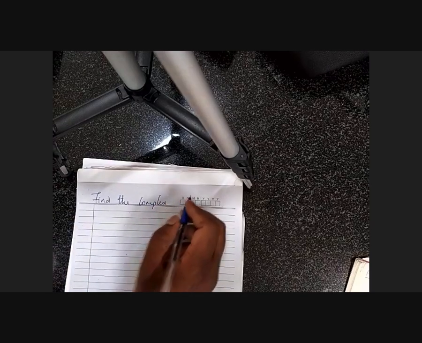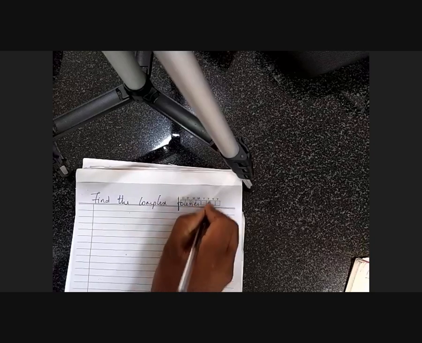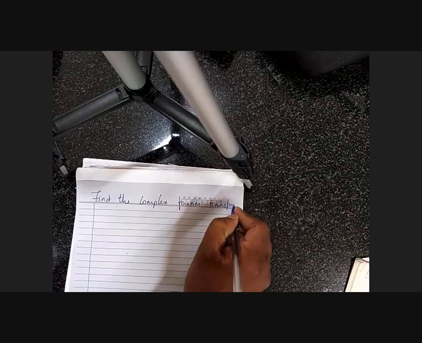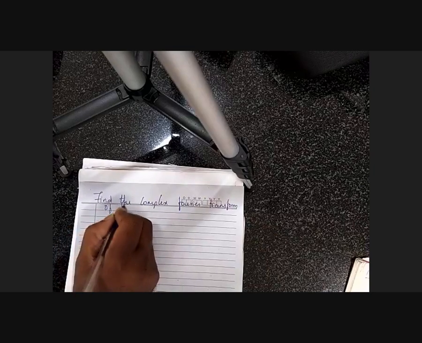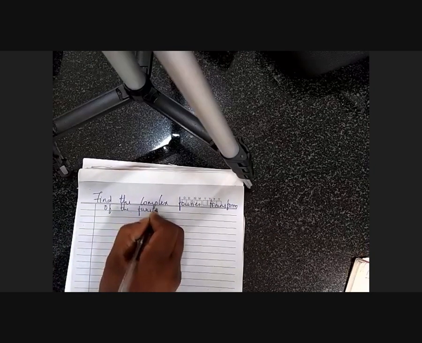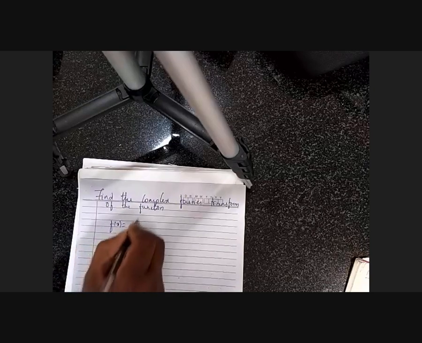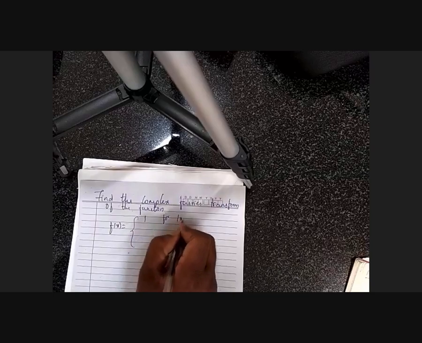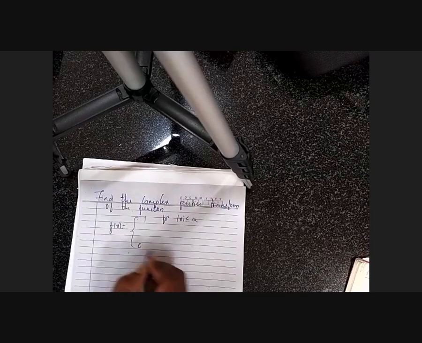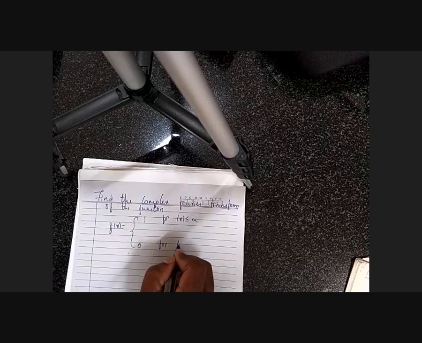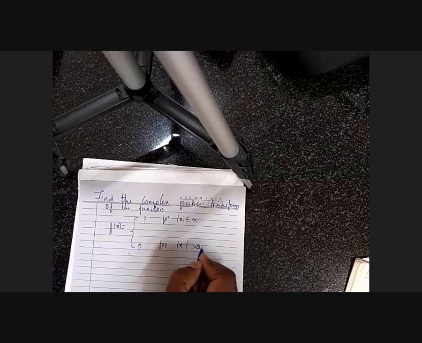We'll do a problem. Find the complex Fourier transform of the function f of x equal to 1 for mod x less than or equal to a, 0 for mod x greater than a.